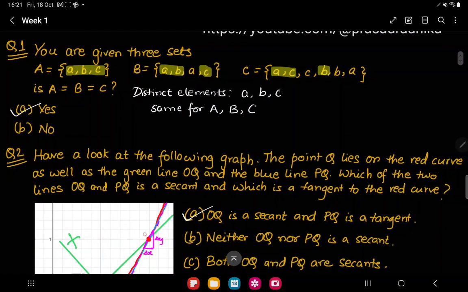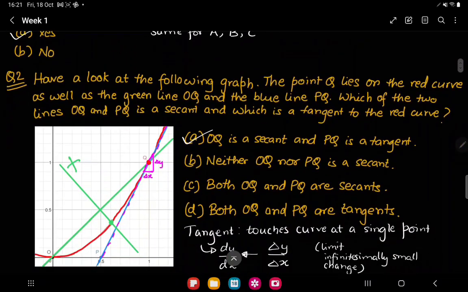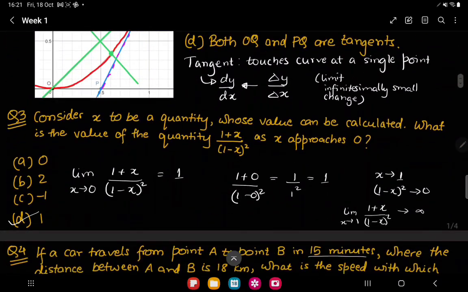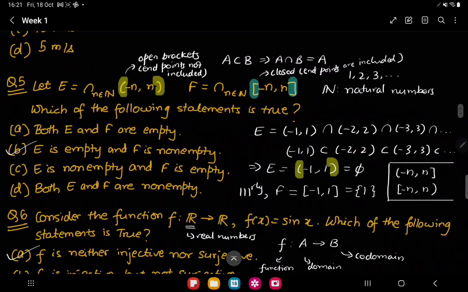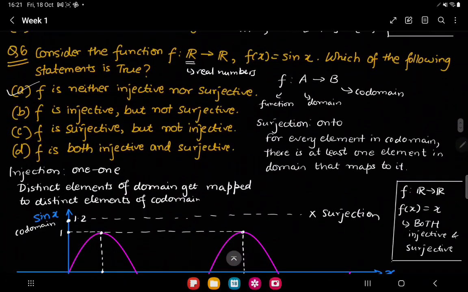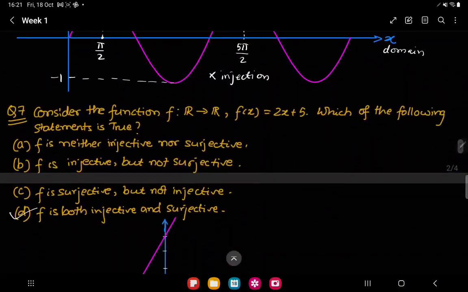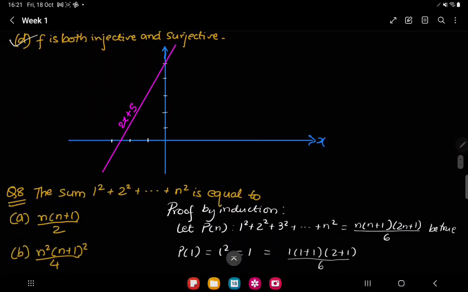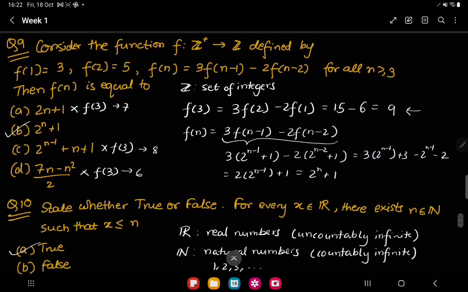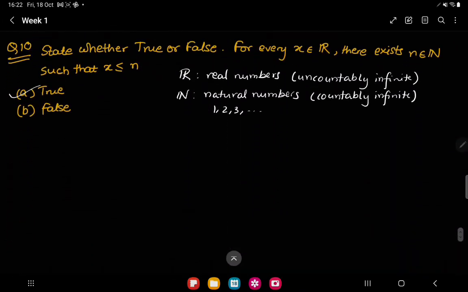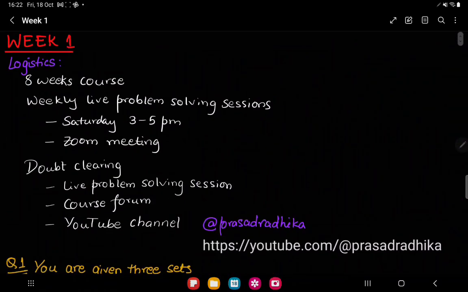So week 1 we had questions on sets and how to write sets, some elementary questions on limits, and functions, summations. So we'll just quickly go through these questions.